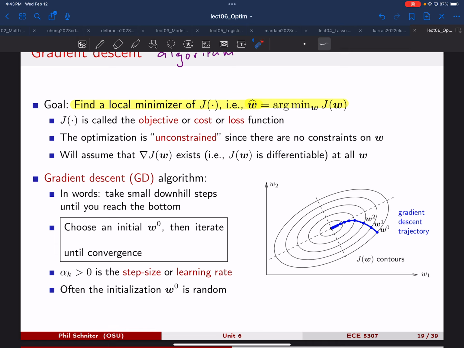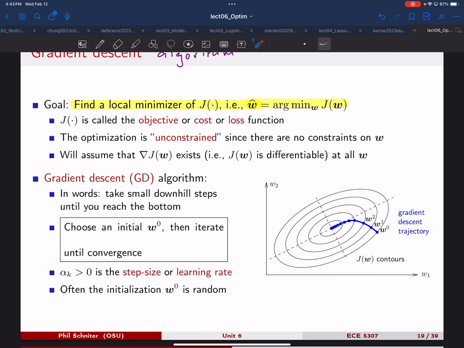One thing to note is that we are not imposing any constraints on w. We're not saying, for example, the coefficients need to be positive or they need to be within some range. So right now, this is the simplest case where we say the optimization is unconstrained, no constraints on w. We will talk about constrained optimization later. Also, we will assume that we can compute gradients. For this, we need that the function is differentiable.